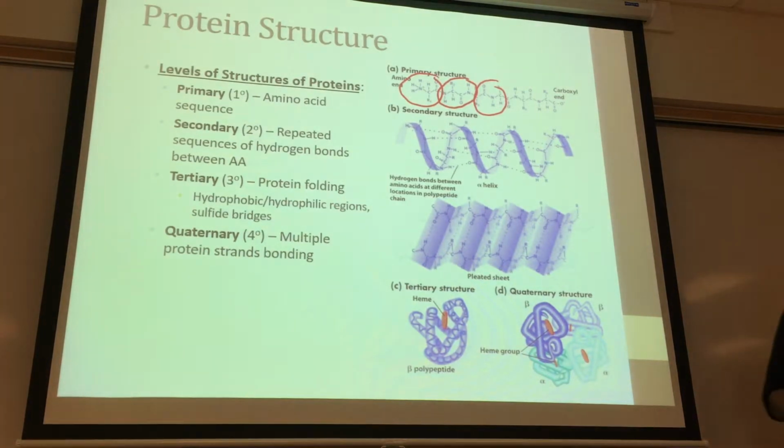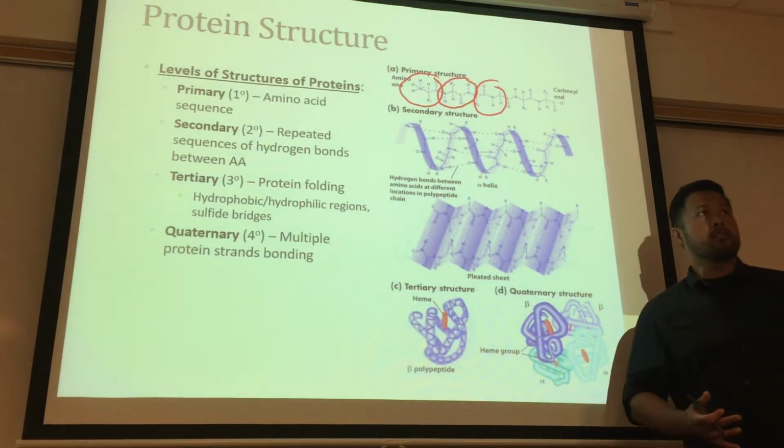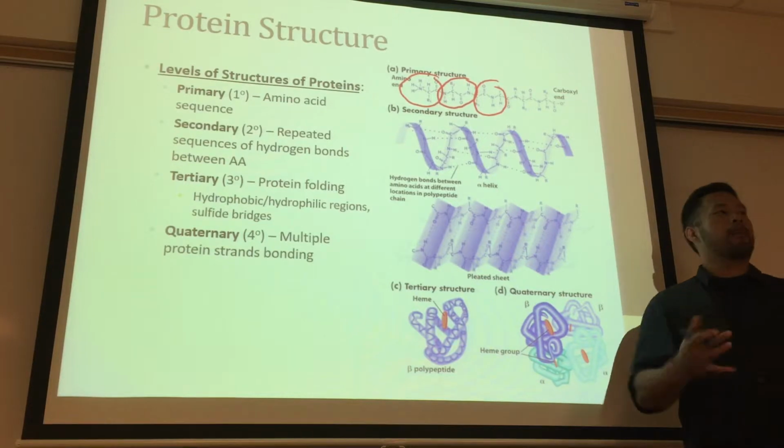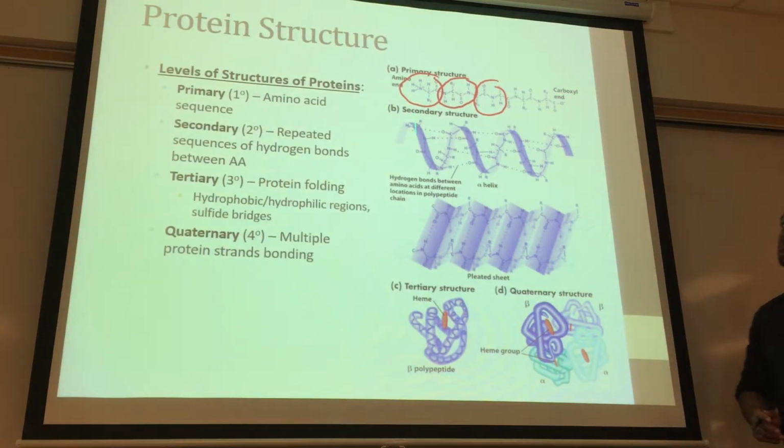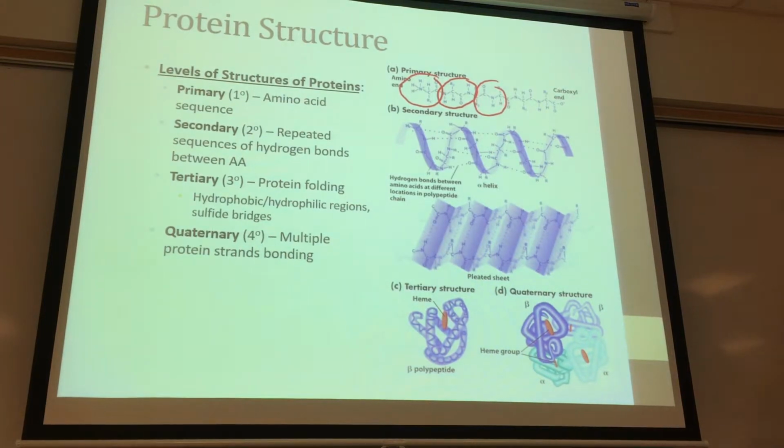On Tuesday, I believe, we're going to talk about the manufacturing of proteins, how cells produce these proteins, because these proteins vary in their functions, which we'll talk about in a little bit. What I want to get at first is the difference in their structures. Keep in mind that we start off with a primary structure, a secondary structure, a tertiary structure, and a quaternary structure.